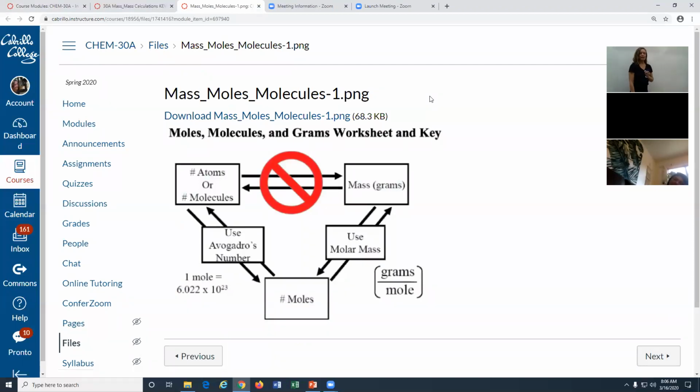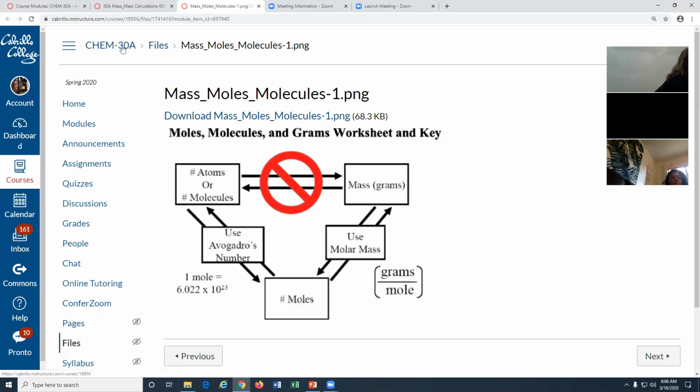You can see with the big red X that you cannot go directly between mass and particles, either atoms or molecules, but you can go from grams to moles using molar mass, and then over here to atoms or molecules, and you can go back the other way from atoms or molecules using Avogadro's number to moles to mass.